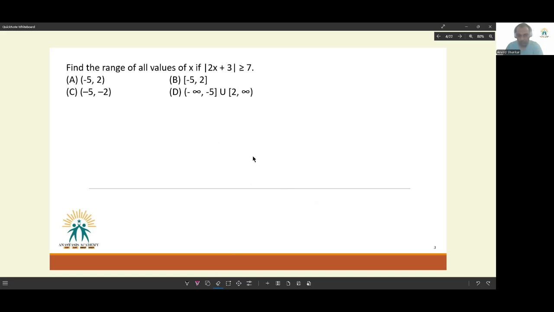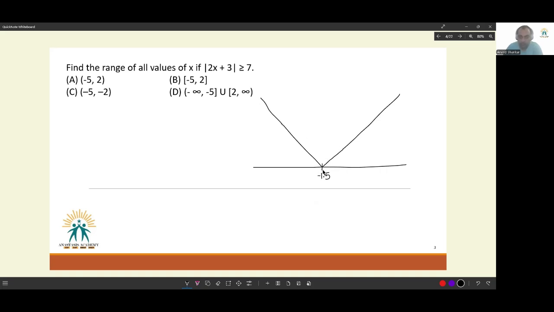Now, the graphical way of solving this would be something like this. The line for 2x + 3 will have its root at -1.5. And from here, there will be a line going upwards at the rate of 2. And there would be another line going here at the rate of -2.